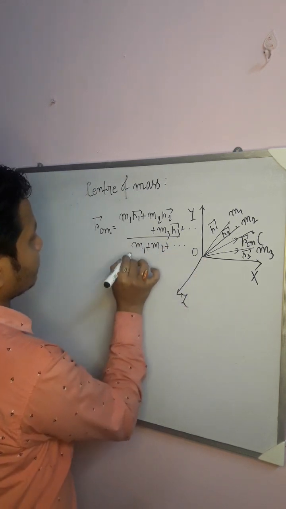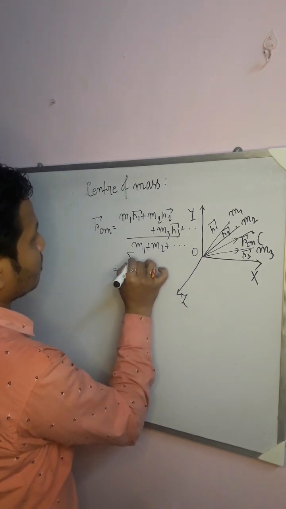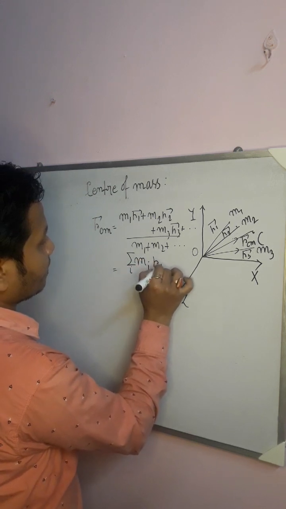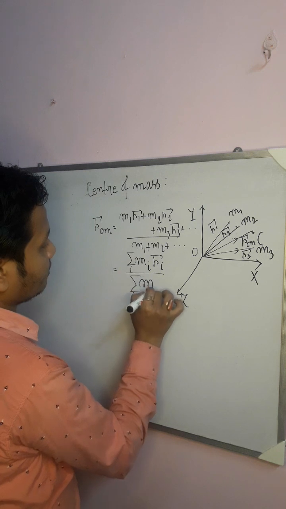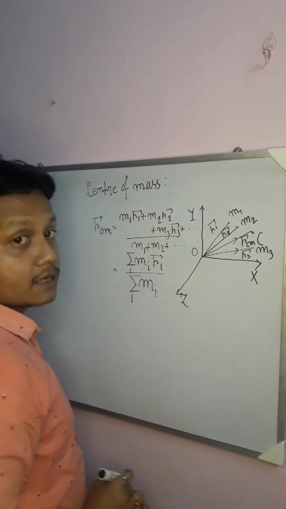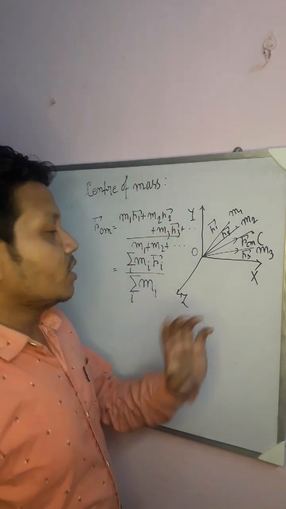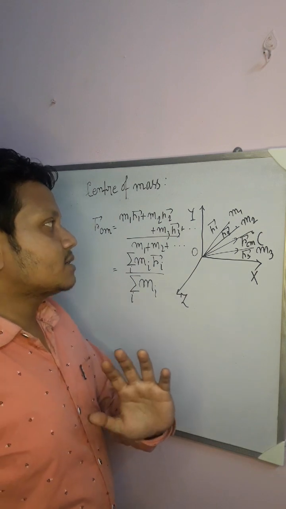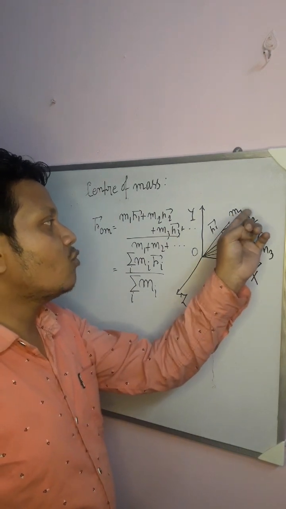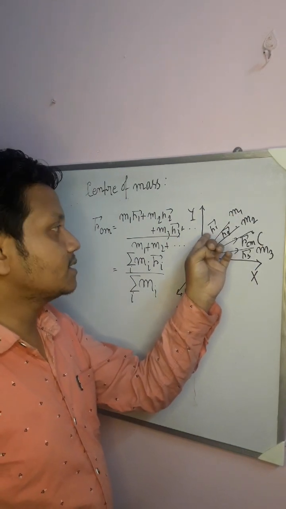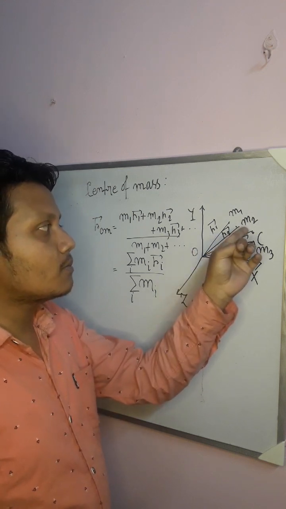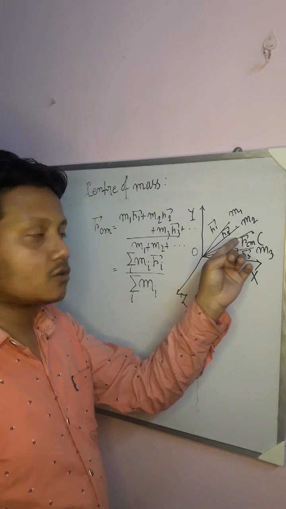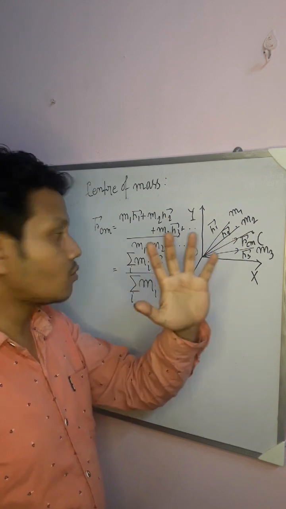That means this can be written as sum over i of mi ri divided by sum over i of mi. So we consider a system of n particles. The particle of mass m1 has position vector r1 with respect to origin O, the particle of mass m2 has position vector r2 with respect to origin O, and so on.